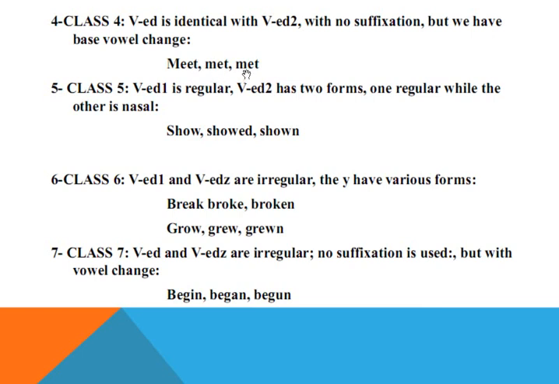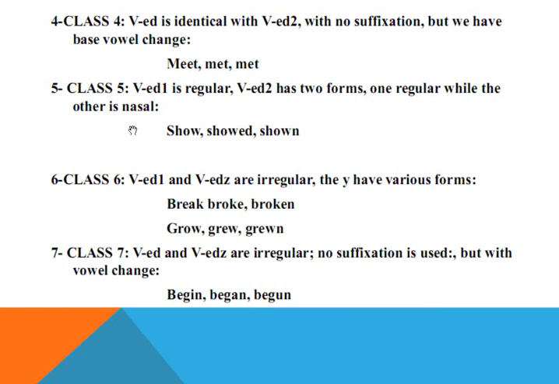VED1 is similar to VED2. However, we don't have suffixation here. We have the T here and the same T here. So there is no suffixation, but there is a change in the base vowel. Here we have e, meet, and here we have met, and met.